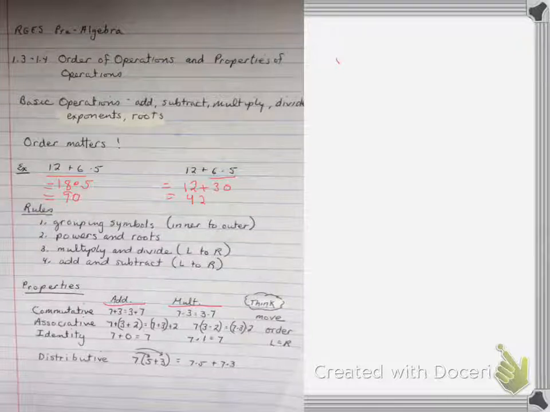So, in other words, I have a commutative property of addition and a commutative property of multiplication. Commutative means to move. So if I'm commuting into town for work, that means I am moving my car from one place to another. So we get the word commute from commutative, or vice versa.